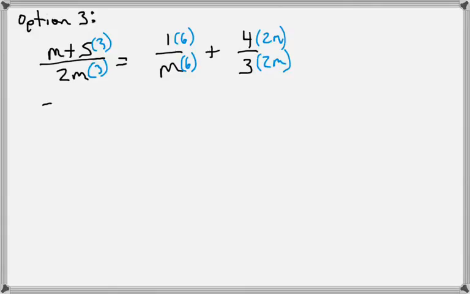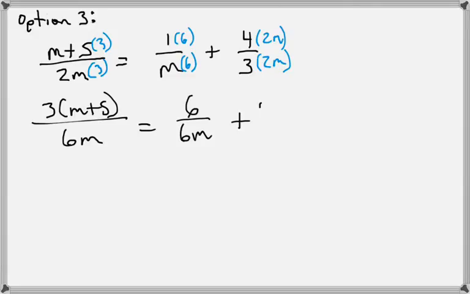So now I'm looking at 3 times (m plus 5) over 6m is equal to 6 over 6m plus 4 times the 2m gives us 8m over our 6m. Now from here we have a common denominator all the way across.